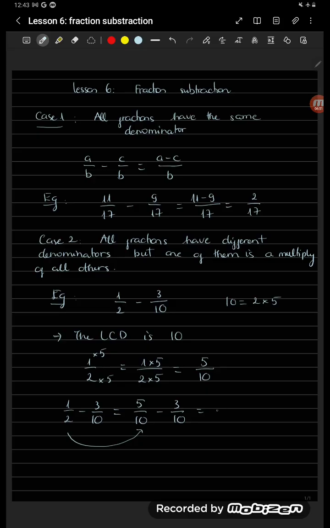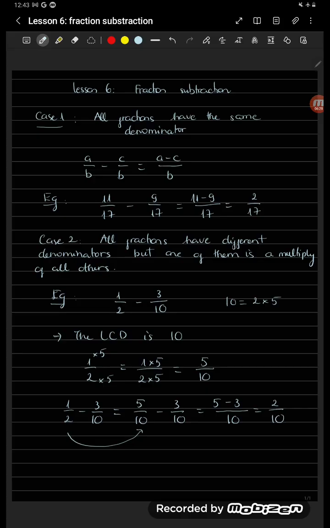Now, just like case one, keep the bottom part as 10 and subtract the two numerators. So 5 subtract 3, always the first one subtract the second one, is 2. And the answer is 2 over 10.